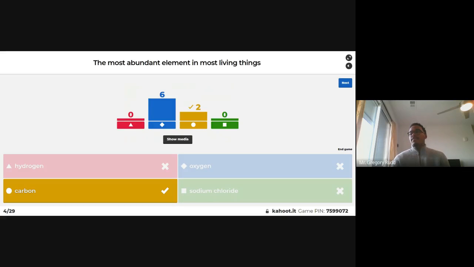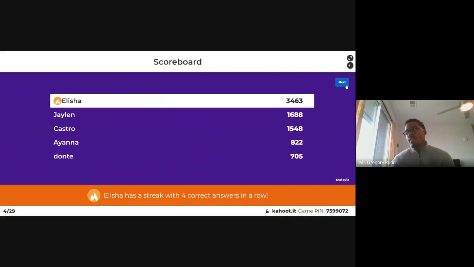All right, so oxygen is present in all living things. It's a part of all four biological macromolecules, so I could see that. But carbon is so much more abundant. Carbon is what we consider the organic element because it's present in all living things. It's essential to life, and it shows up far more often than oxygen does, in greater quantities. Good job, Alicia and Castro.